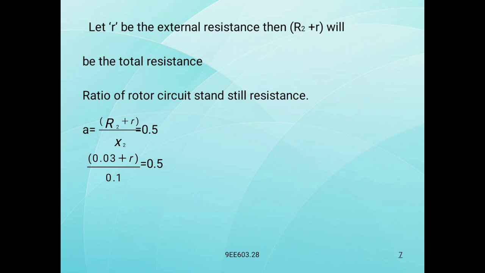Here R2 is already known, 0.03. We have to determine the external resistance R. So 0.03 plus R divided by 0.1 is equal to 0.5. R is equal to 0.5 into 0.1 minus 0.03, that is equal to 0.02 ohms.